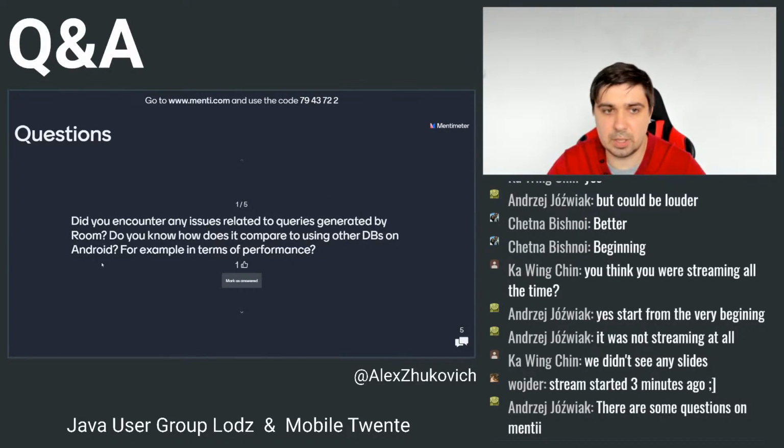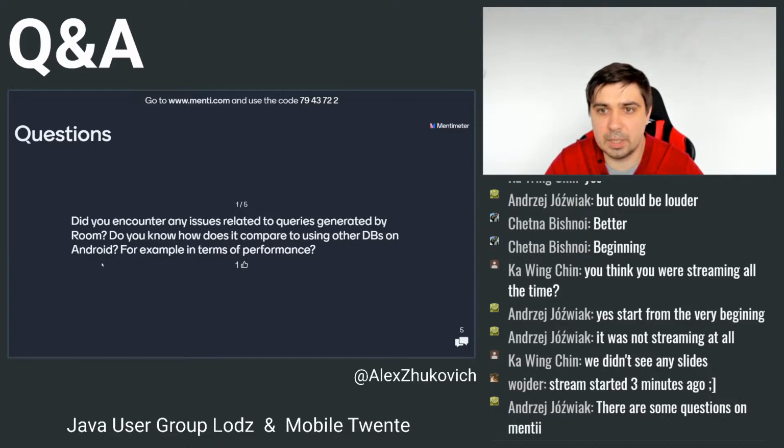The next question: did you encounter any issues related to queries generated by Room? Do you know how it compares to other databases on Android, for example, in terms of performance?